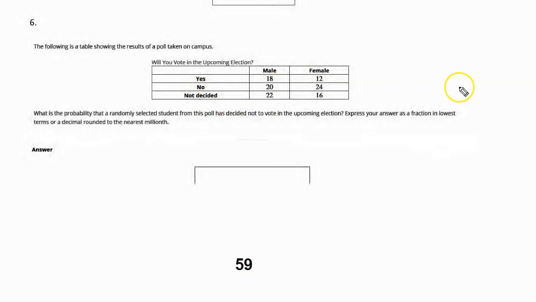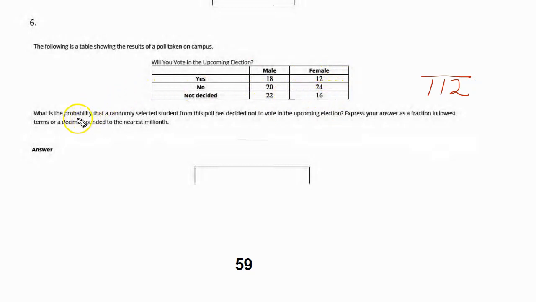I'm not sure. And for no is this, and then for undecided. Okay. So again, you might want to consider what is your total population here. Well, I did some calculations for you, but you would have to do this normally. And it's 112. I added them all up.